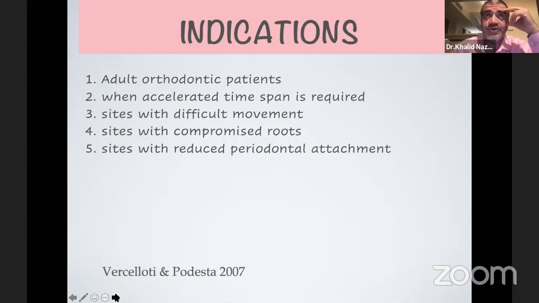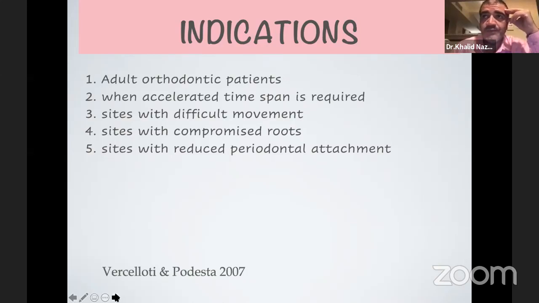The Wilckodontics, or the decortication techniques, are really very effective when it comes to adult patients. As you remember, the remodeling potential of bone becomes less and less with adults, and that's why orthodontic treatment becomes challenging.